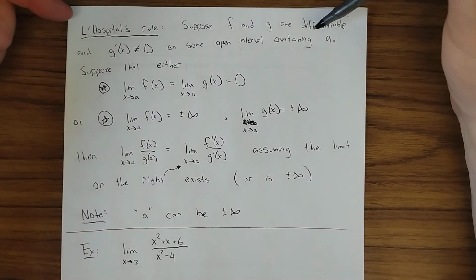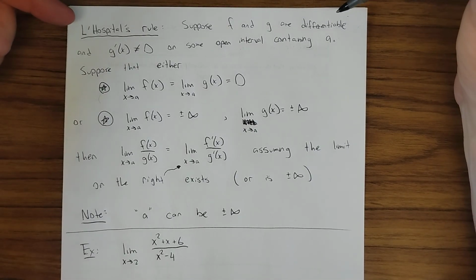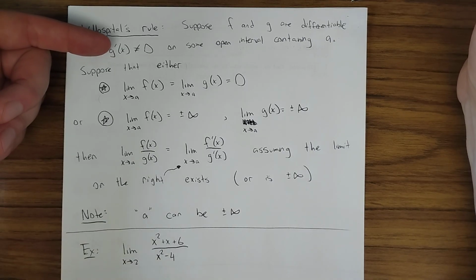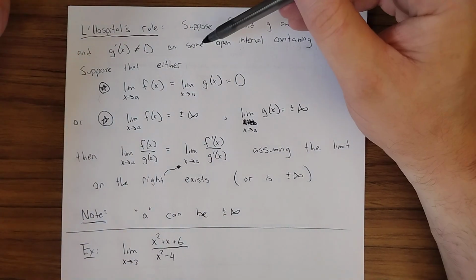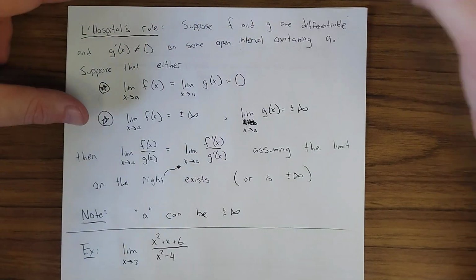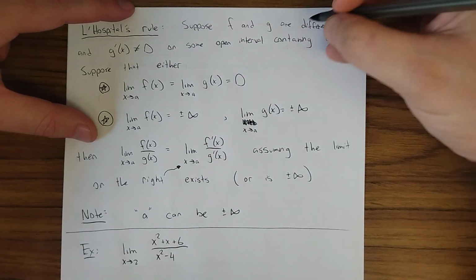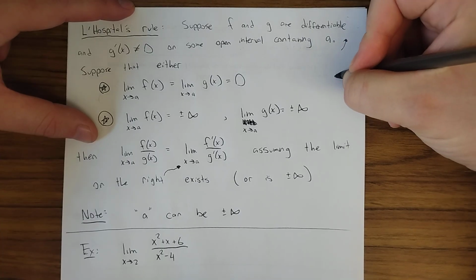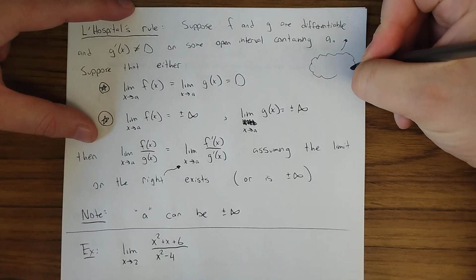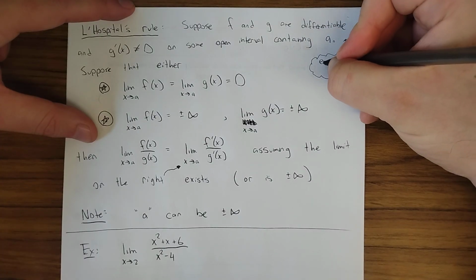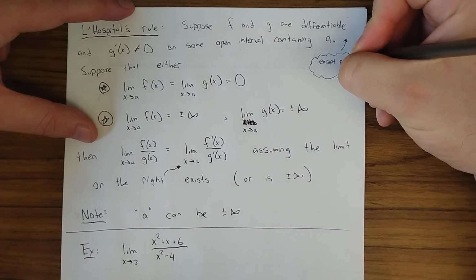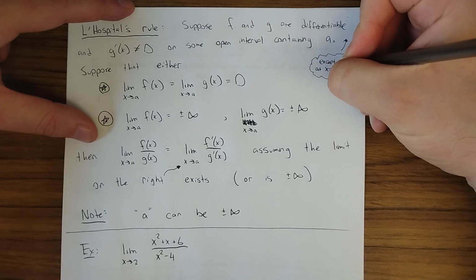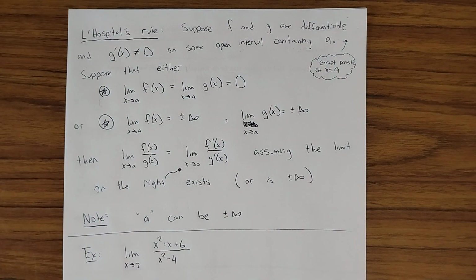Suppose f and g are differentiable, so the derivatives exist, and we're going to suppose that g prime of x is not 0 on some open interval containing a, except possibly at x equals a.